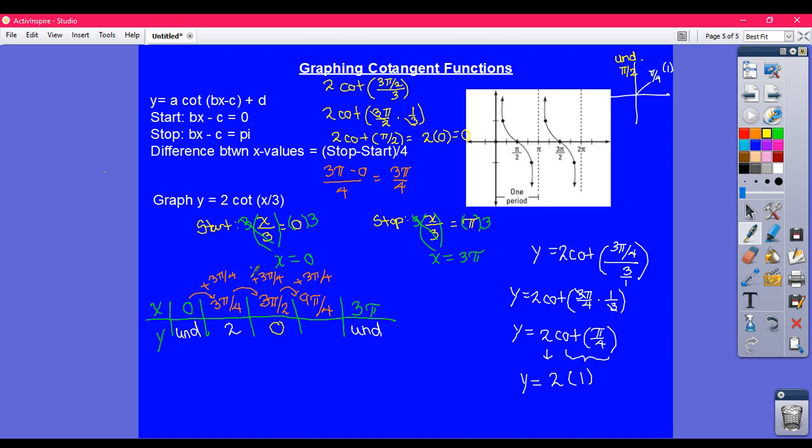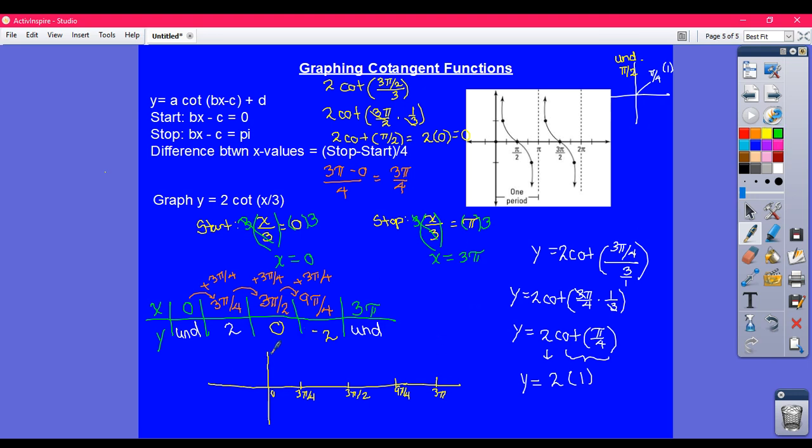And again, as long as there's no vertical translation or anything being added or subtracted outside of the parentheses, it pretty much follows a pattern. So the next one will be -2. So if I were to graph this, I would be at 0, 3 pi over 4, 3 pi over 2, 9 pi over 4, 3 pi.